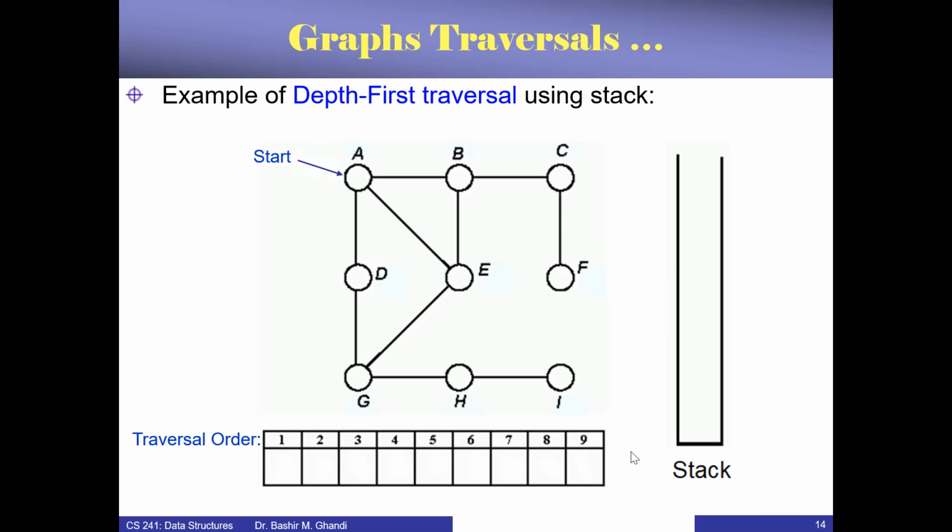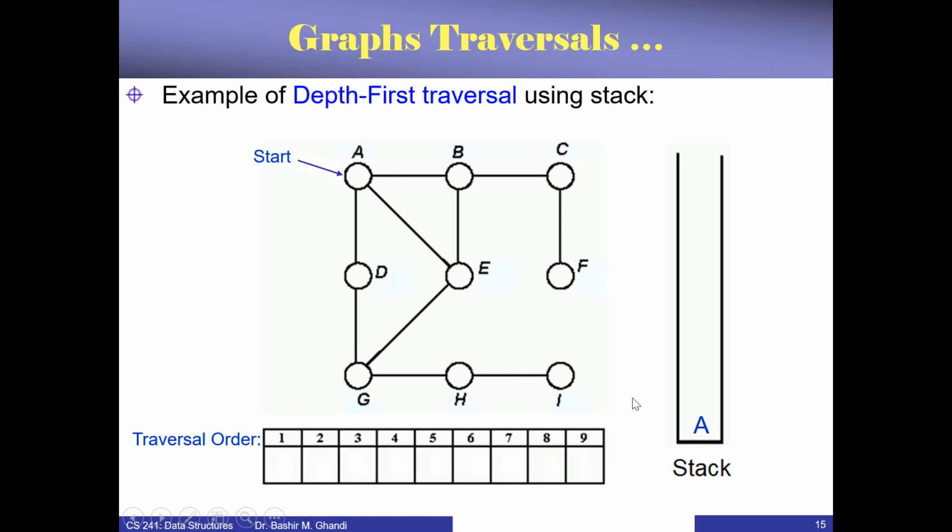We're going to take an example showing how depth first traversal works with this particular graph. We are asked to start from vertex A. The algorithm says, first of all, push the starting vertex onto the stack, and that's what we have just done.